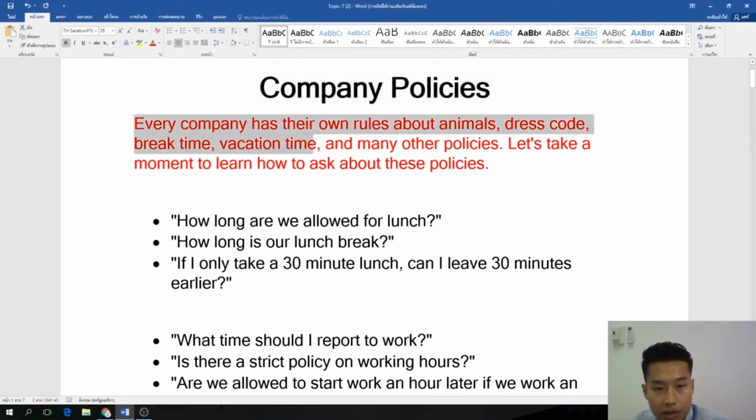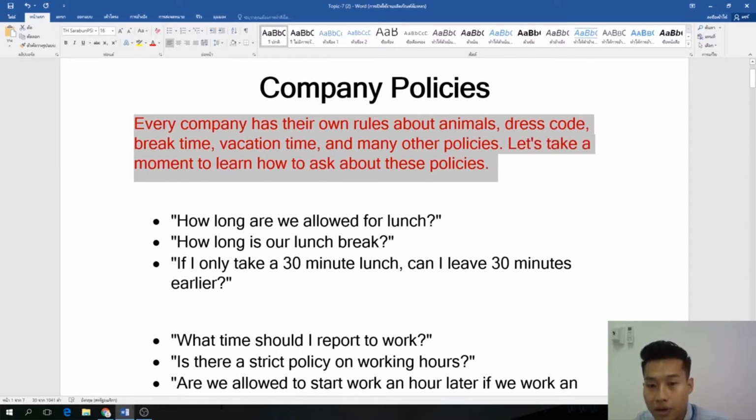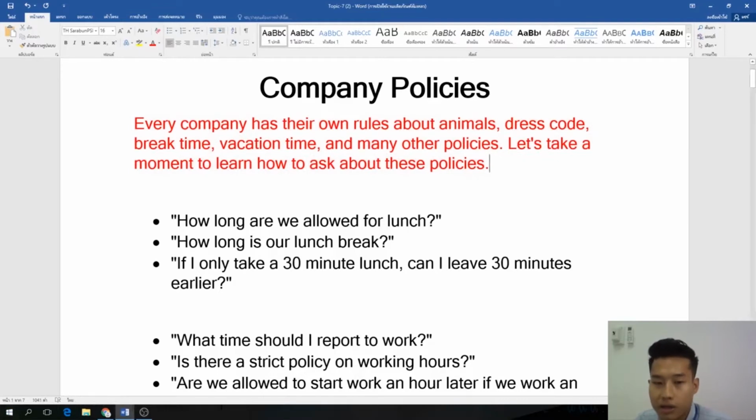Here you see all the red lines. Every company has its own rules about animals, dress code, break time, vacation time, and many other policies. Let's take a moment to learn how to ask about these policies. Most organizations have rules on animals, dress code, break time, and vacation time.